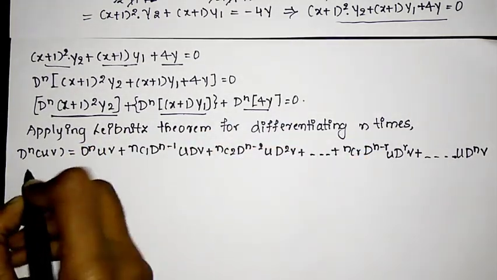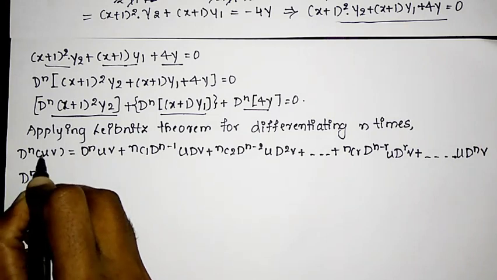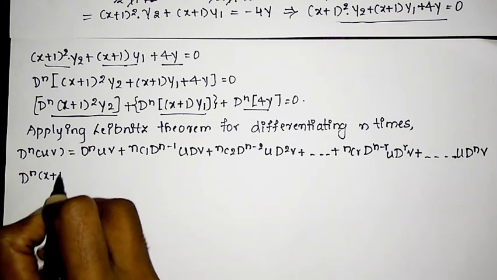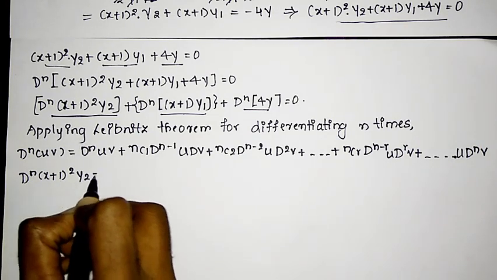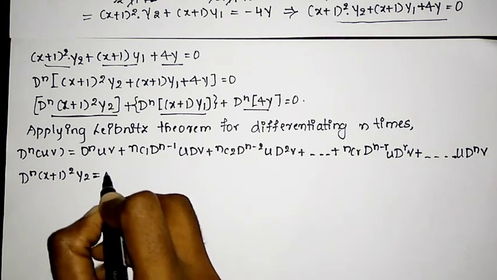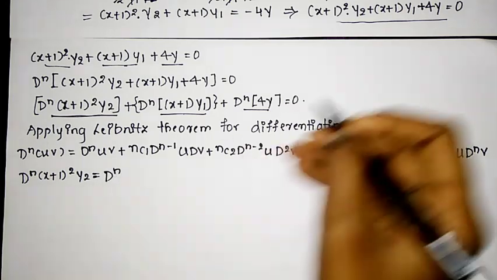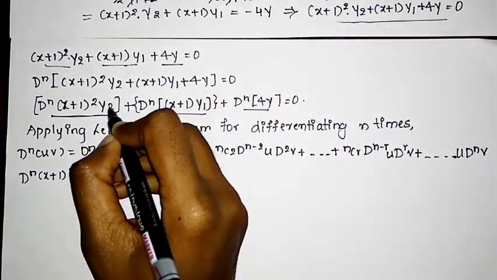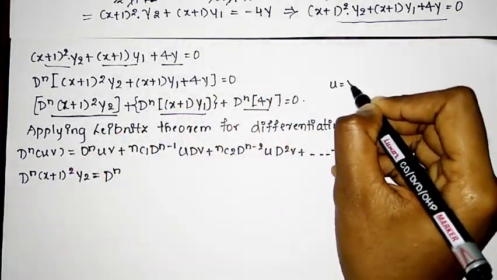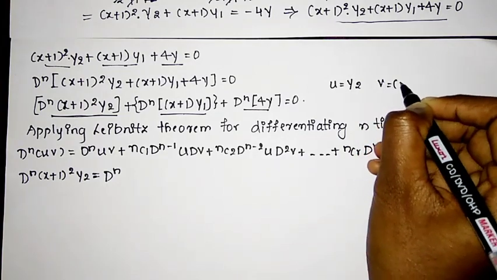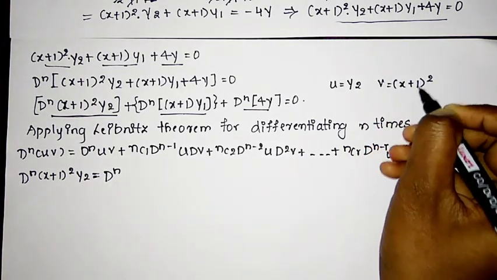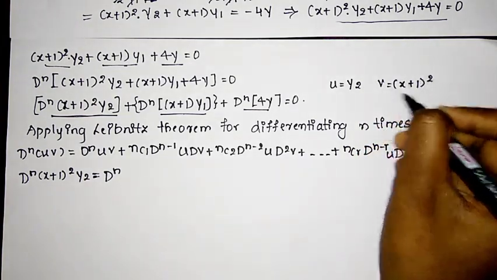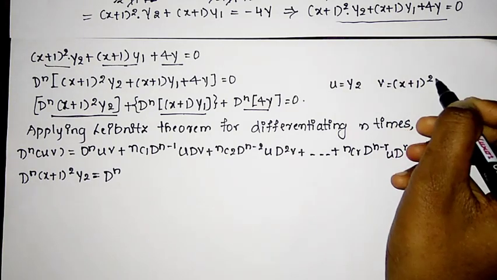Then consider d raised to n of u into v, where u is x plus 1 the whole square into y2. So we need to assume one to be u and another to be v. As we have discussed earlier, we take u to be y2 and v as x plus 1 whole square, because we can find the differentiation of this term and eliminate the constant term.